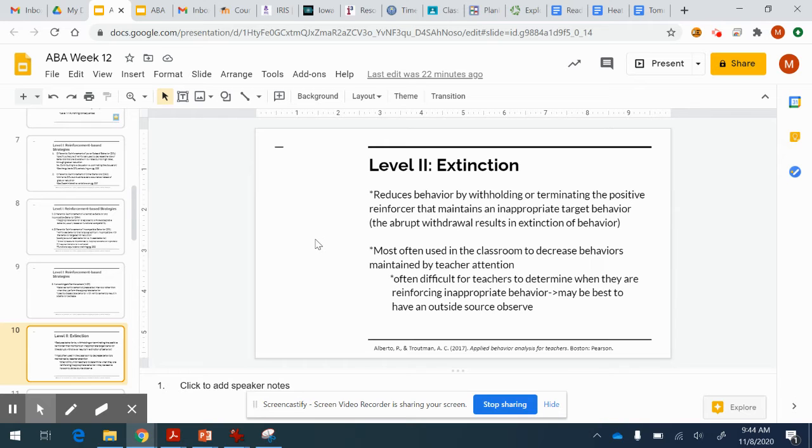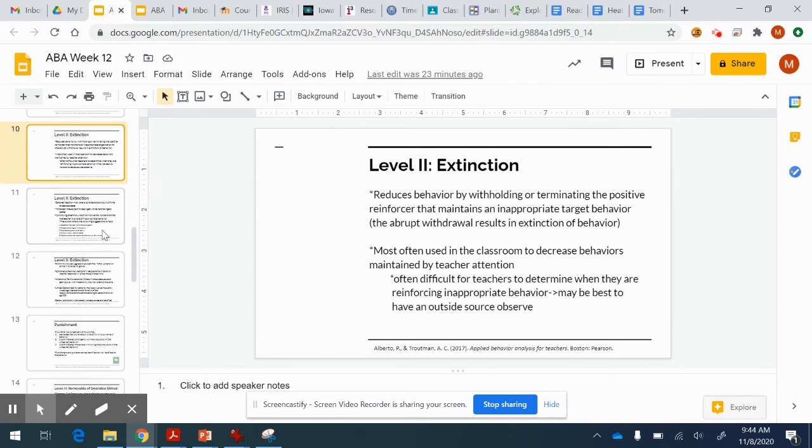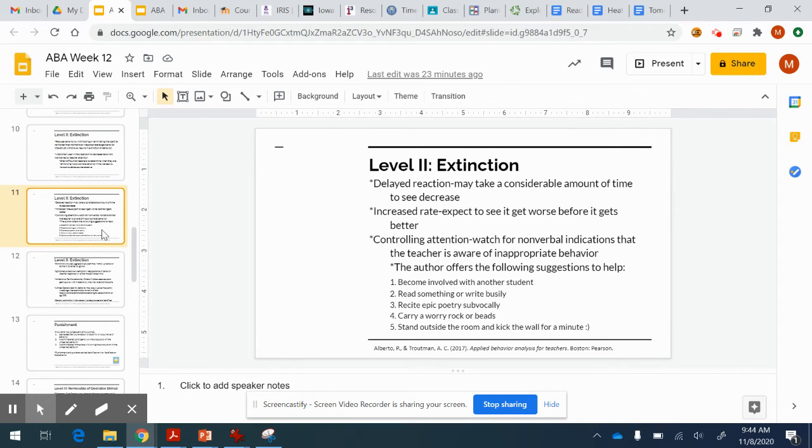If you've identified that a student is attention seeking and that they are behaving in such a way to get your attention, that is maintaining the behavior, and you feel like you're doing a really good job of ignoring them, and things are still not getting better, it may be best just to have another teacher, someone else come in and observe. And sometimes an outsider's view can provide some different insight to what's actually going on in the classroom.